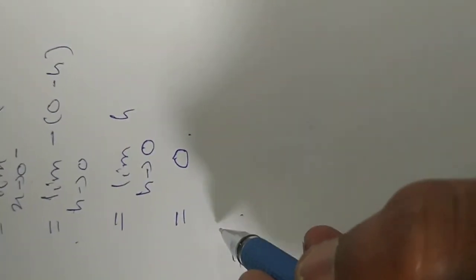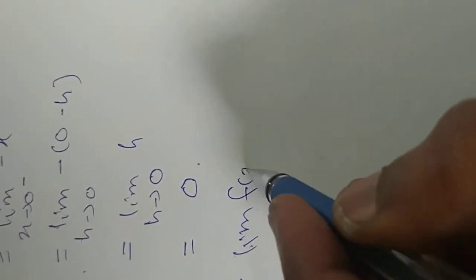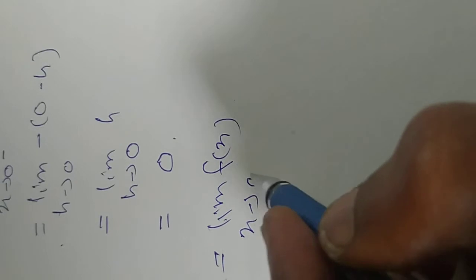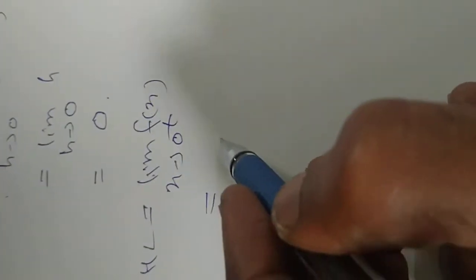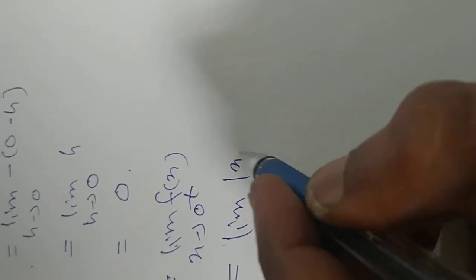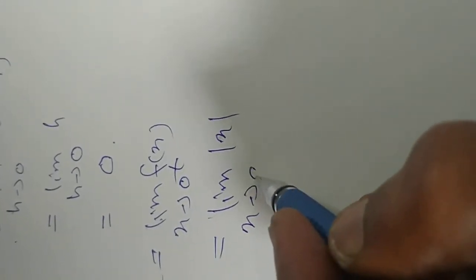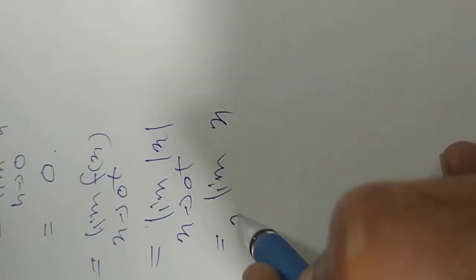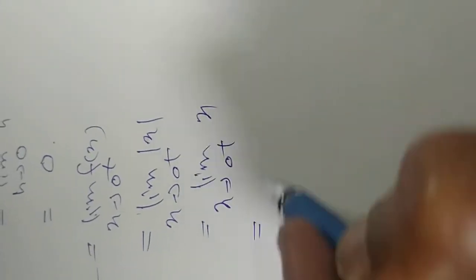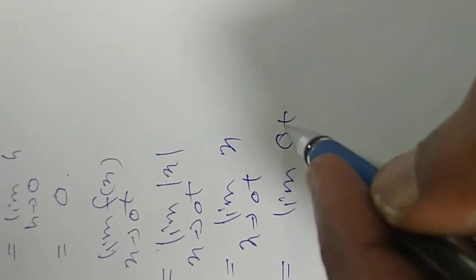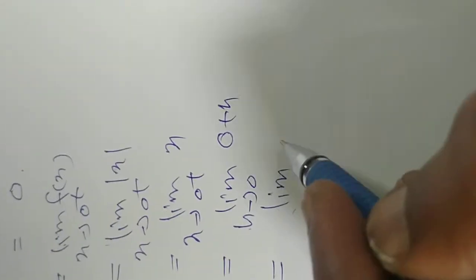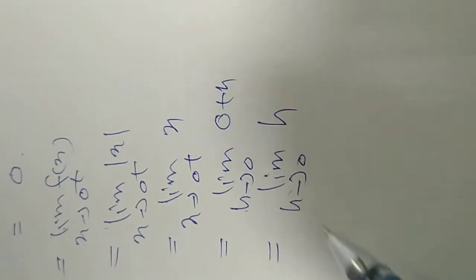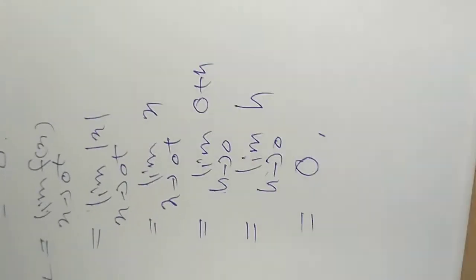RHL will be equal to limit of f of x as x tends to 0 plus, which is equal to limit of mod of x as x tends to 0 plus, which is equal to limit of x as x tends to 0 plus, which is equal to limit of 0 plus h as h tends to 0, which is equal to limit of h as h tends to 0, which is equal to 0.